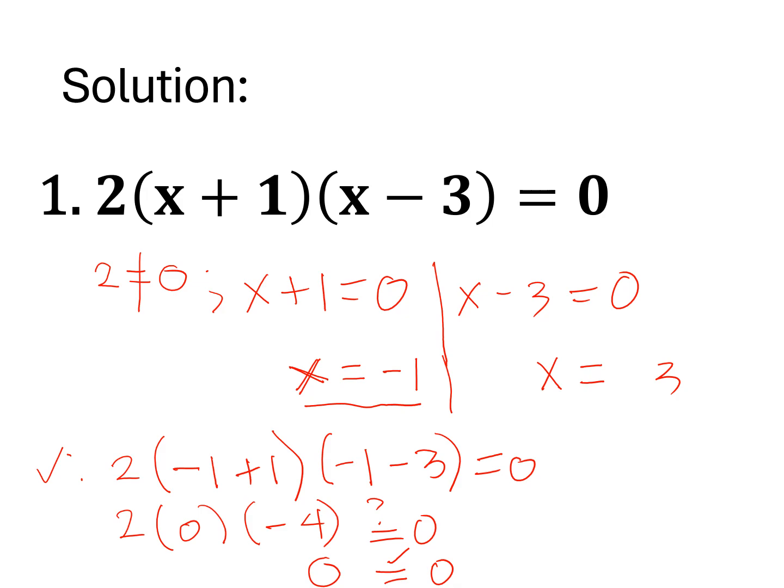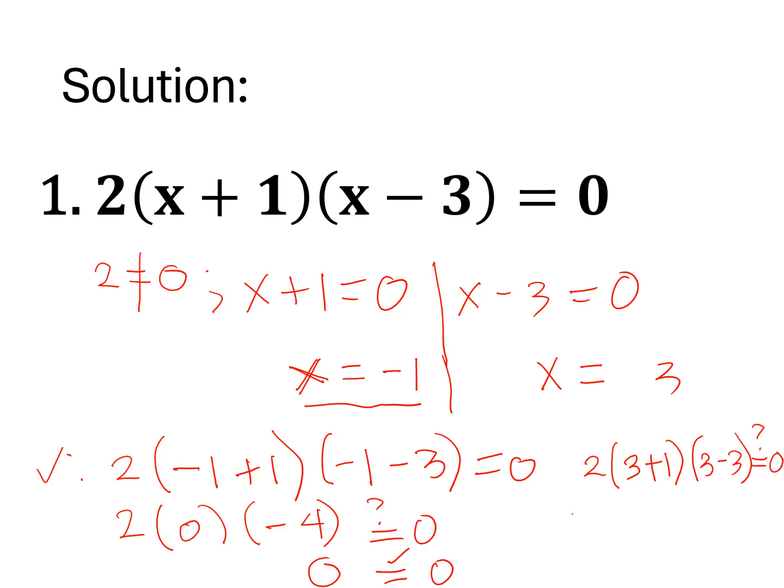Another, how about 3? Let us check. So we have 2 times the quantity of 3 plus 1 times the quantity of 3 minus 3. Is it equal to 0?